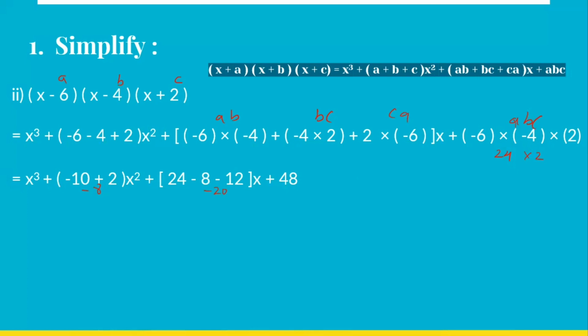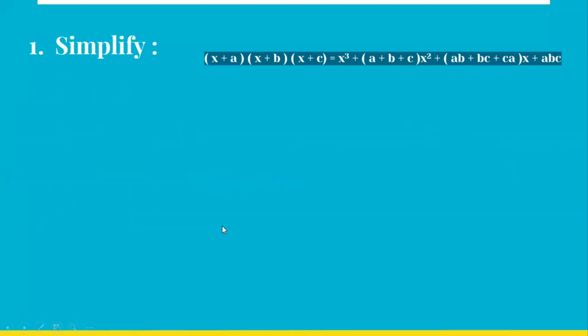So the rules of the integers are equally important over here. This is how we get the final step: minus 10 plus 2 is minus 8, so minus 8x square. x cube minus 8x square plus 4x, 24 minus 20 is 4x, plus 48. Got it? So just remembering this identity is very, very important.